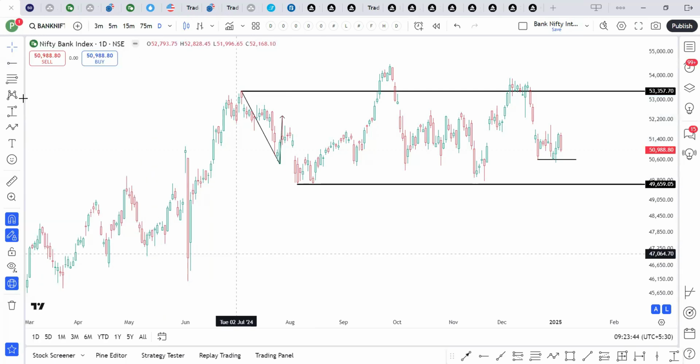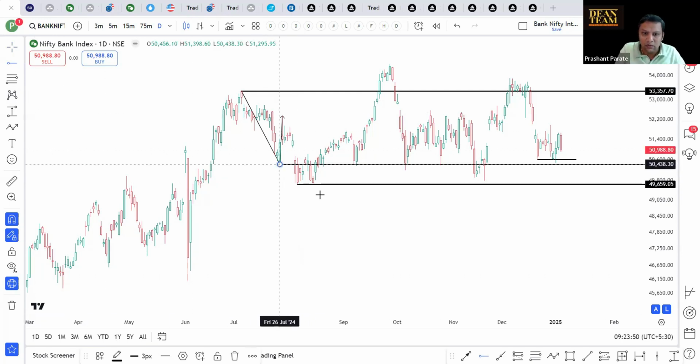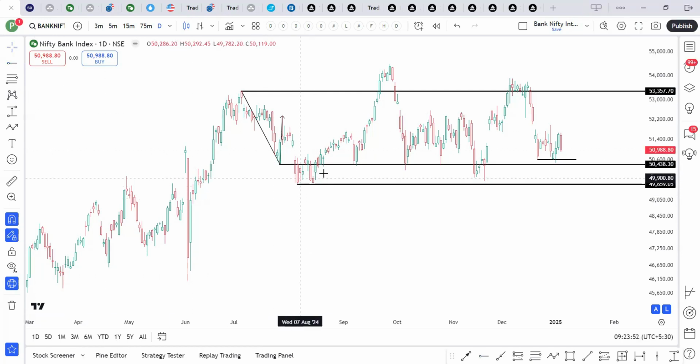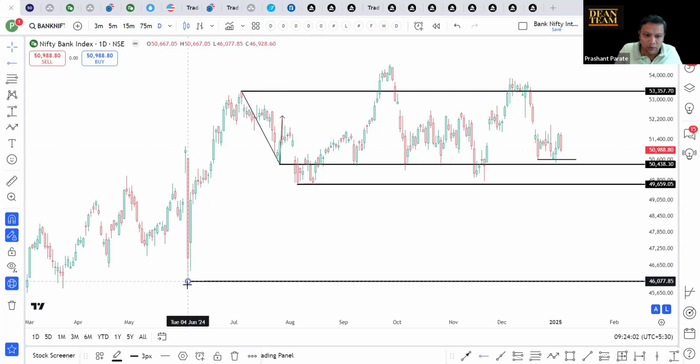If this is the schematic, this is the buying climax, AR, ST, then this is a minor sign of weakness, then a minor sign of strength. From here to here, this is our last point of support.